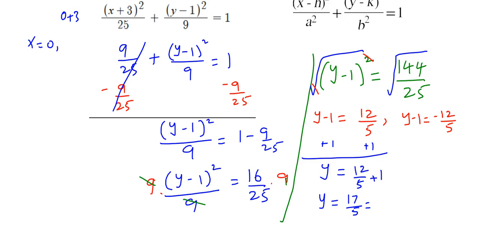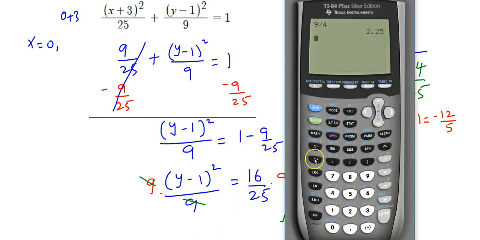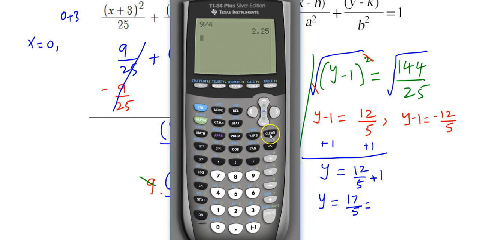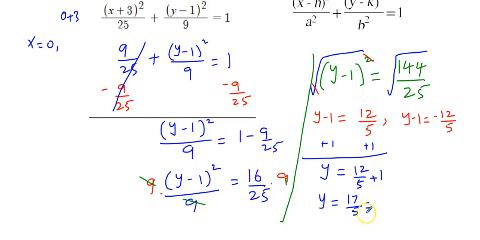Let us check. 17 divided by 5, 3.4. That's right. Okay, I'll write here 3.4.